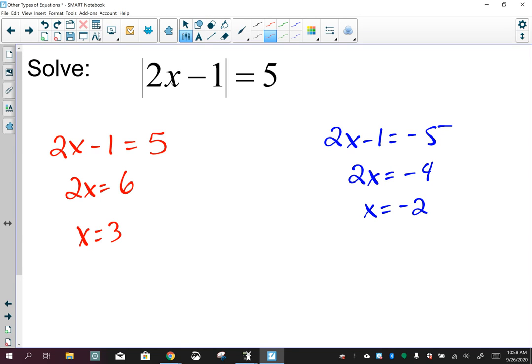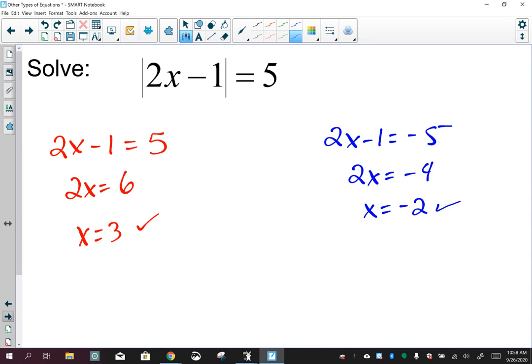So 2 times 3 is 6, minus 1 is 5. The absolute value of 5 is 5, so this one works. 2 times negative 2 is negative 4, minus 1 is negative 5, but the absolute value of negative 5 is positive 5. That one works. So in this case, both of your answers work. You're done.